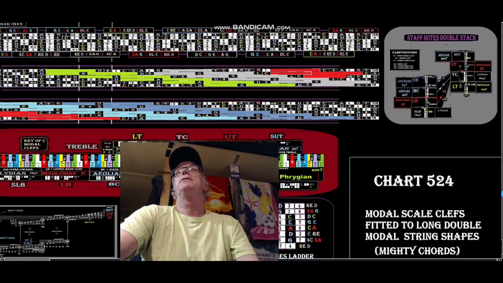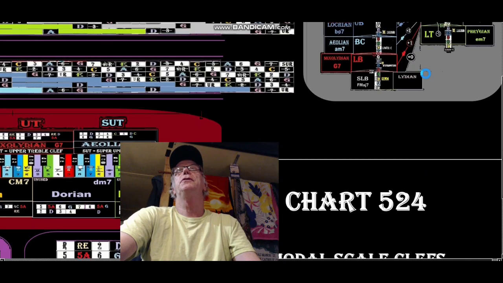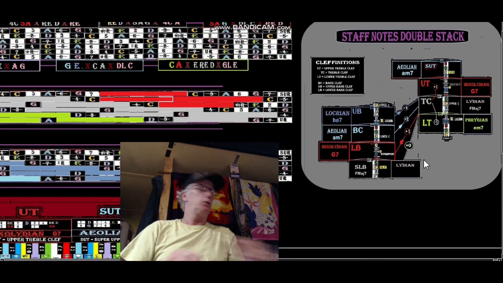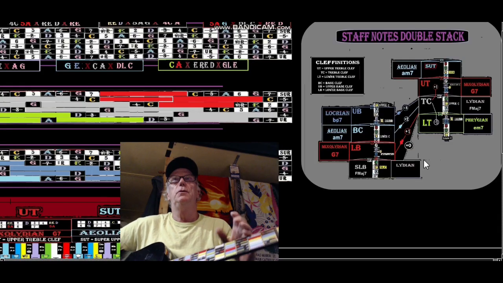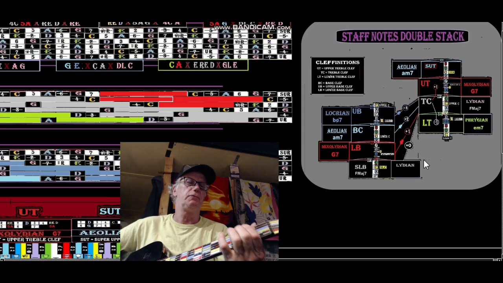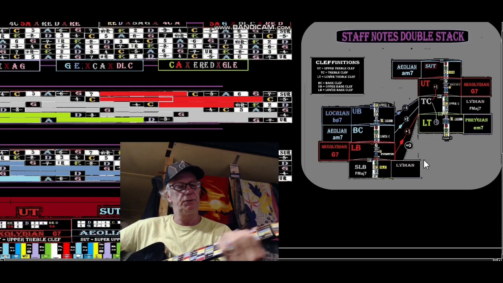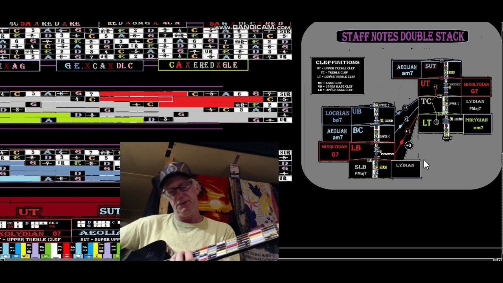So we look over here at double modal longs. When you hear the word modal, we've got 7 scale numbers. Say I have root 2, 3, then 2, 3, 4, then 3, 4, 5, then 5, 6, 7, then 6, 7 root, then 7 root 2, then root 2, 3 again.